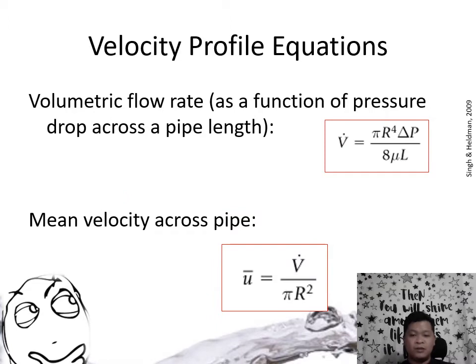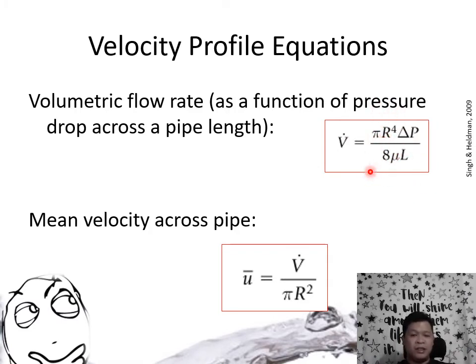So we've skipped through the derivation process of how they arrived at these equations from the earlier velocity profiles, but if you want to, you could look at the Singhen-Heldman text on this one. But what's important here is that for the volumetric flow rate as a function of pressure drop across a pipe length, we can use this equation where delta P is the pressure drop and L is the overall pipe length.